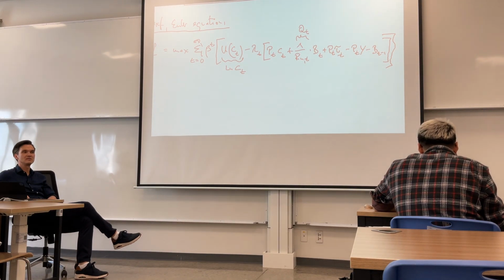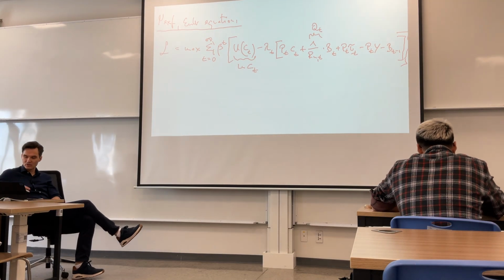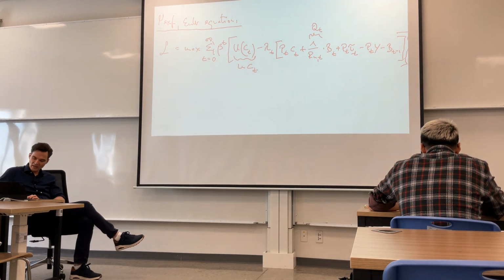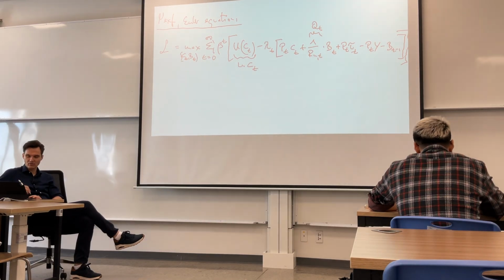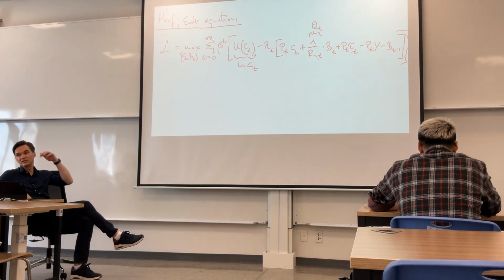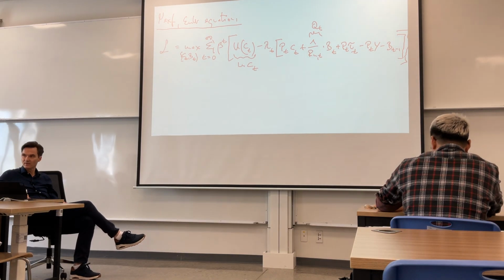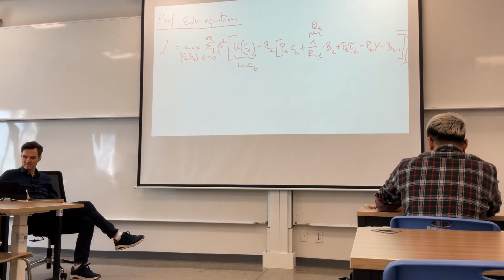That's going to make things easier going forward. And then our choices are how much to consume and how much to invest. Okay, so those are going to be our two choices that the household is going to take. And it's choosing that for the entire sequence of time. So far, so good? Yeah?